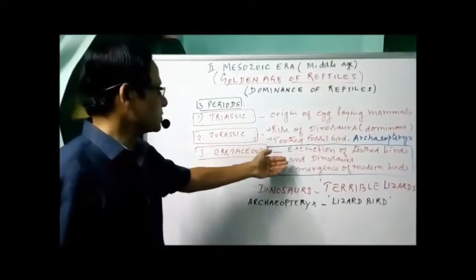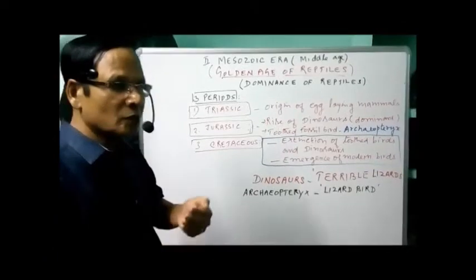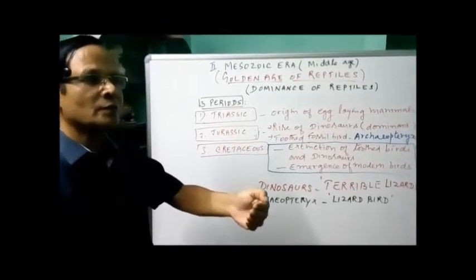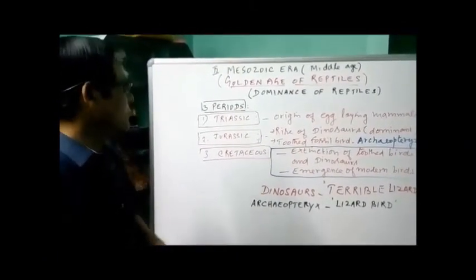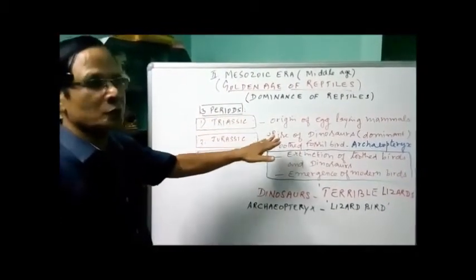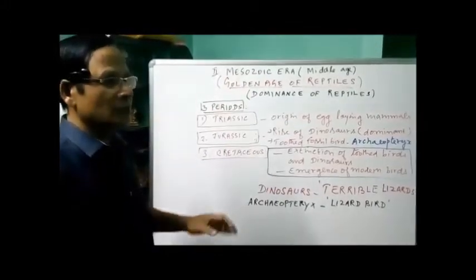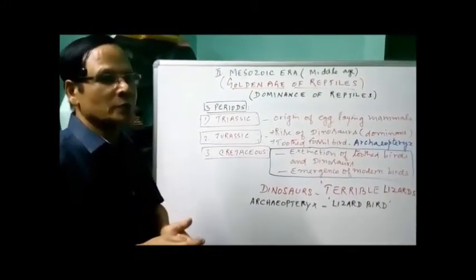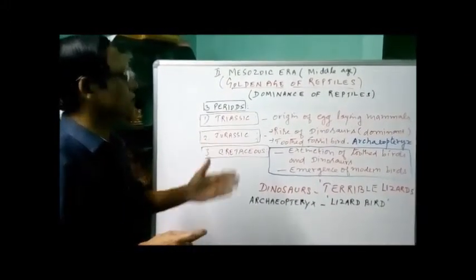So with the extinction of toothed birds and dinosaurs, the emergence of modern birds took place during that period. These were the evolution of the different types of animal groups during the Mesozoic era, marked by the dominance of reptiles, hence called the Golden Age of reptiles.